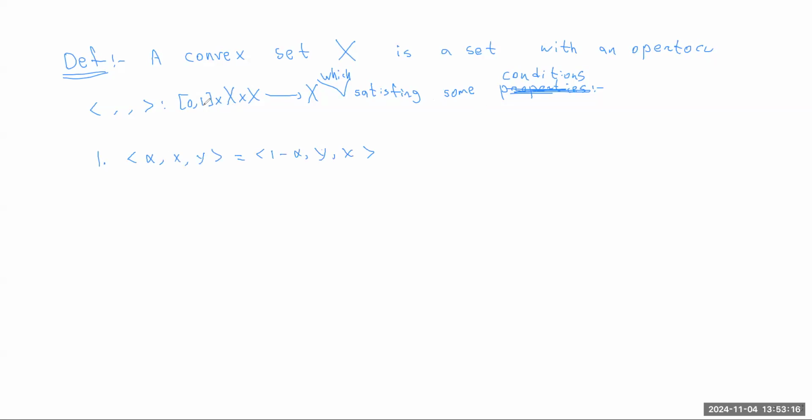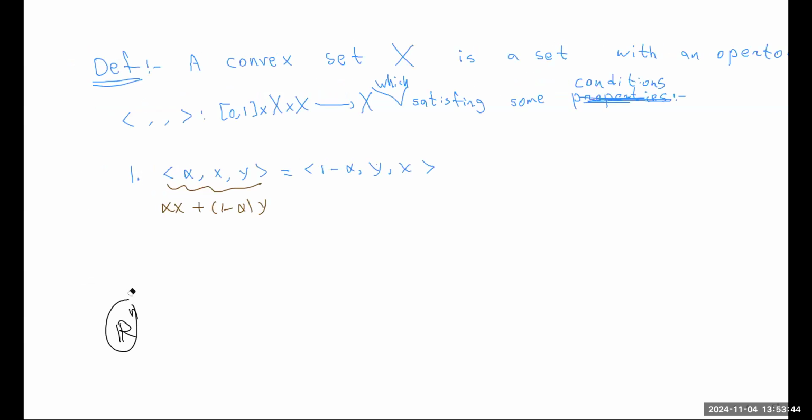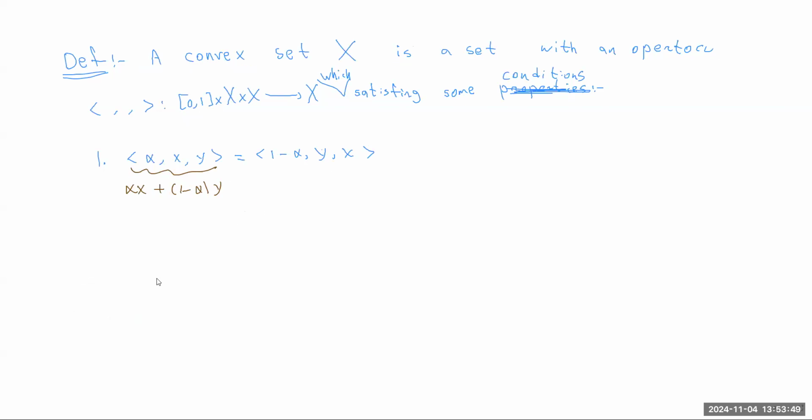We mean here we have this convex combination. Another way to write this, which is what we usually write, is alpha x plus 1 minus alpha y. Usually a convex set is inside a vector space or inside R^n, but this is the abstract definition, it doesn't have to be inside this. So alpha x by itself has no meaning.